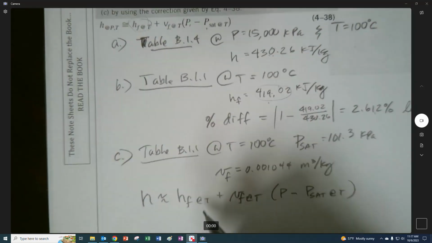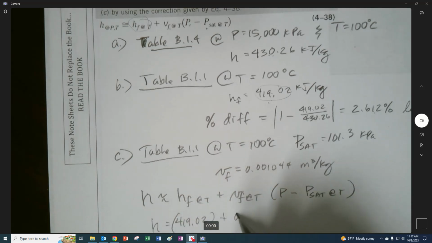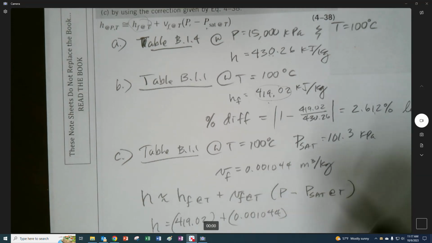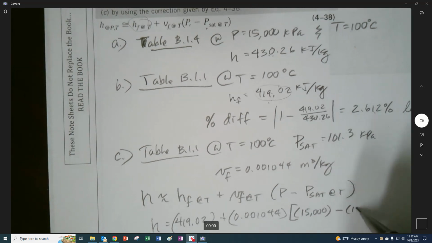I guess I didn't have to write it, did I? H is going to be 419.02 plus 0.001044 times 15,000 minus 101.3.